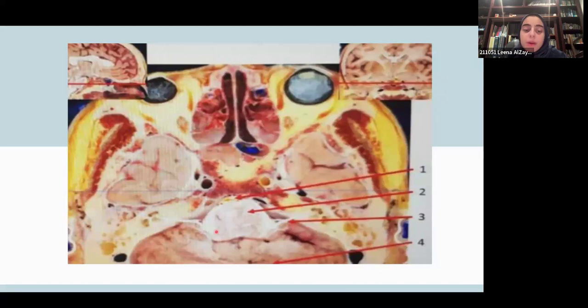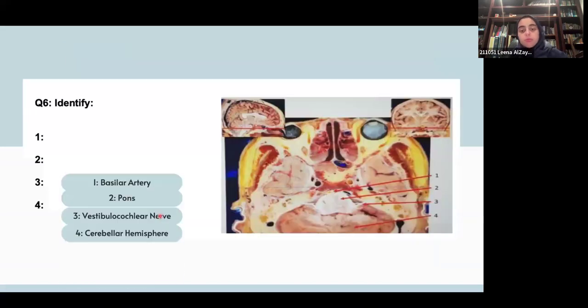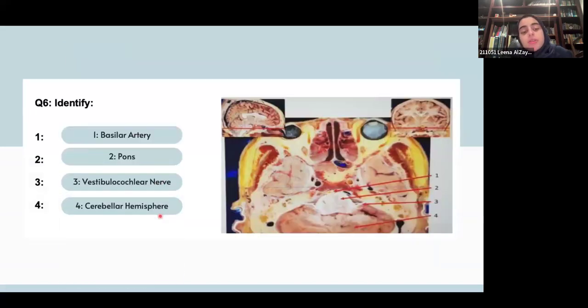The way I would differentiate between this being the vestibulocochlear or trigeminal, because they have the same root of going out like this, is that the trigeminal fiber would be much thicker than this. So yes, you're correct. It's basilar artery, pons, vestibulocochlear nerve, and then cerebellar hemispheres.